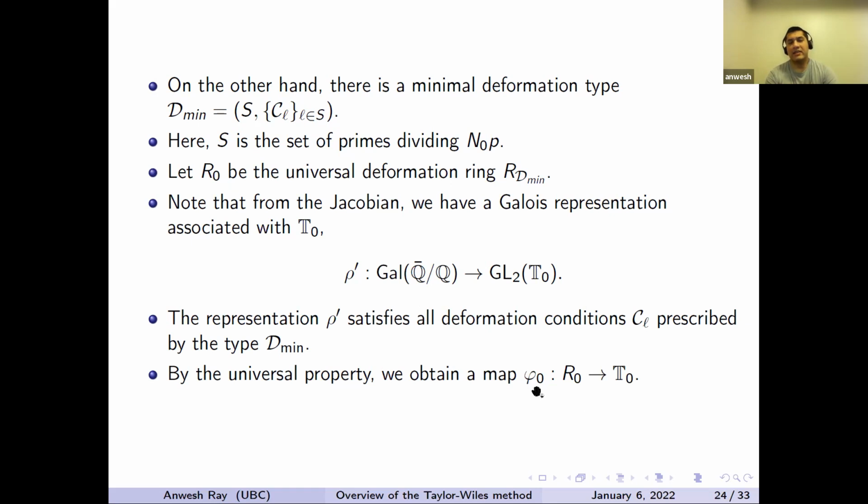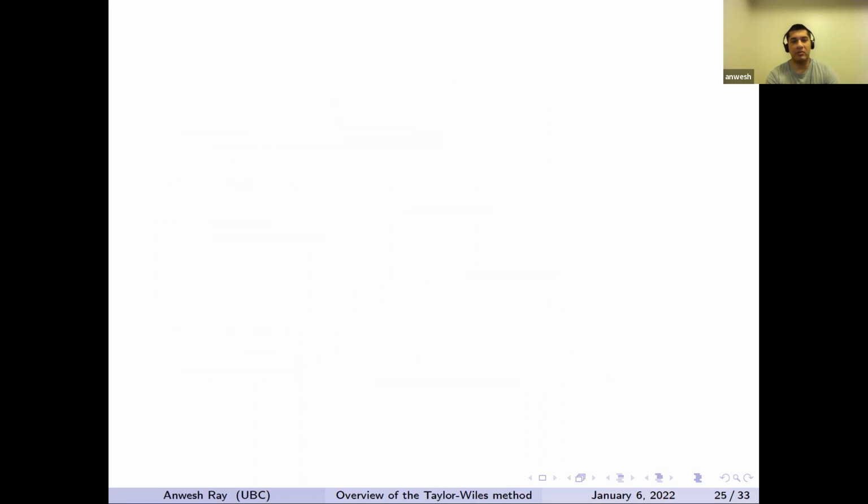And now the objective is to show that this map is an isomorphism. So once you show that this map is an isomorphism, then one can establish modularity. Of course, one has to show this isomorphism for all other levels as well. But right now, let's talk about the minimal level.